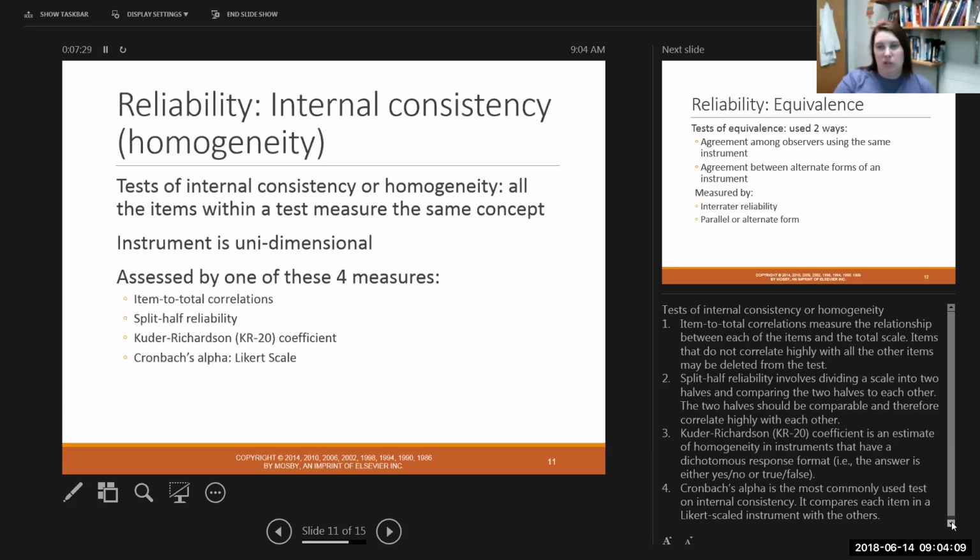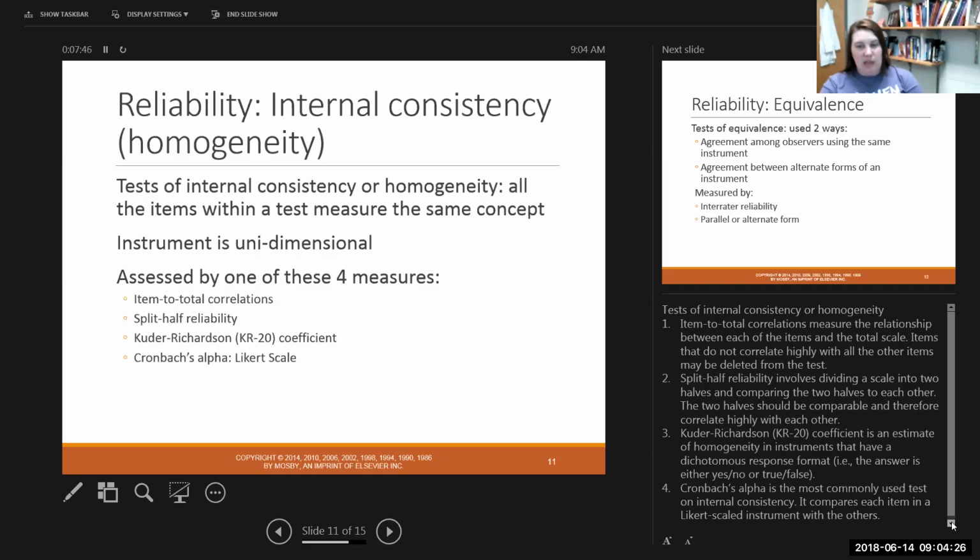Again, as we start talking about some of these statistical concepts. Item-to-total correlations measure the relationship between each of the items and the total scale. Items that do not correlate highly with all of the other items might be deleted from this list.